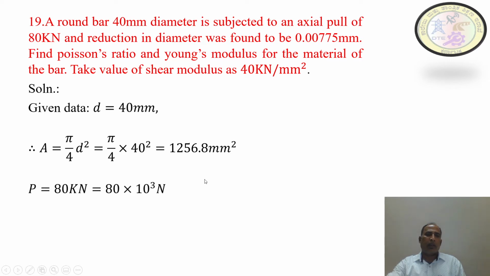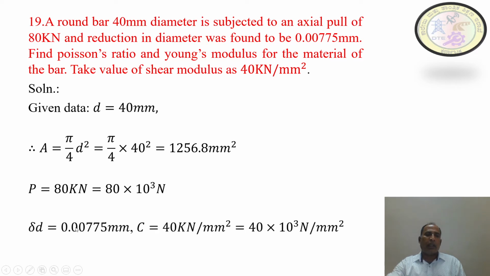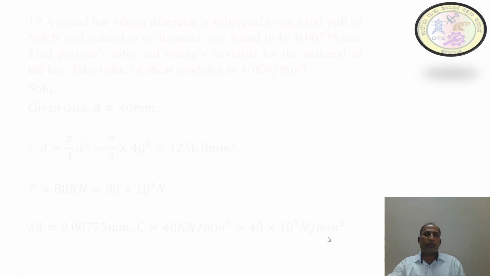The load is given, P is 80 kilonewton, that is 80 into 10 raised to 3 Newton, because 1 kilonewton is equal to 1000 Newton. And delta D, the change in diameter, is 0.00775 mm. The shear modulus C is 40 kilonewton per mm square, that is 40 into 10 raised to 3 Newton per mm square.